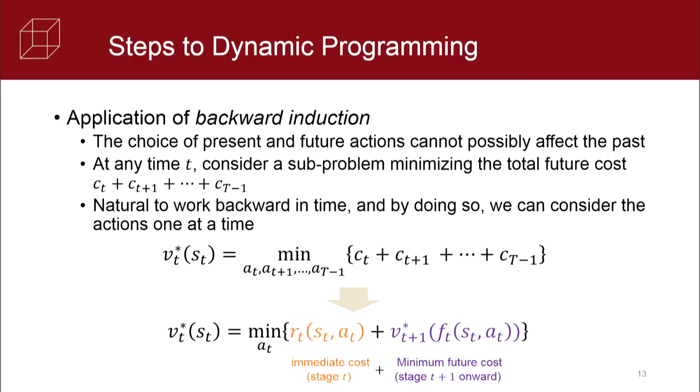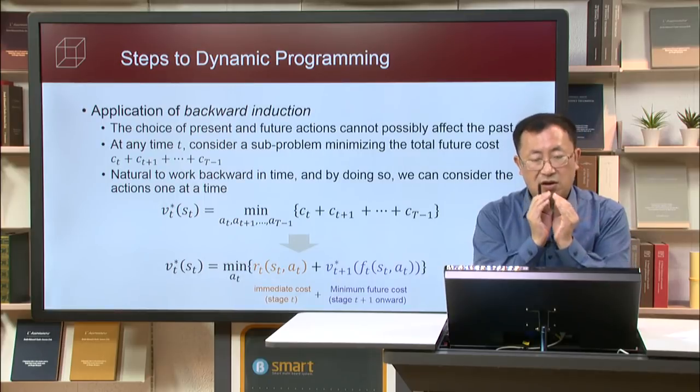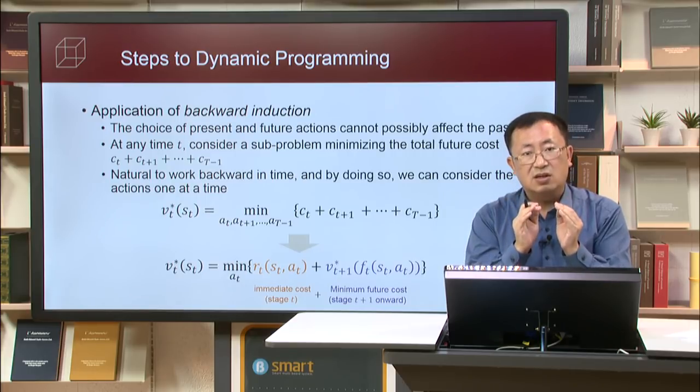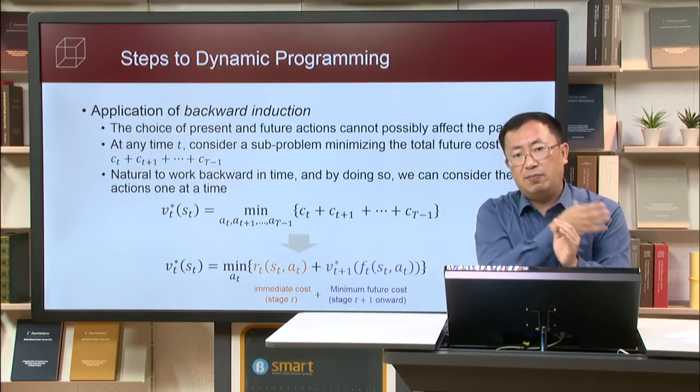And we need to think about how we're going to solve this problem. So let's think about the following idea. The choice of the present and future actions cannot possibly affect the past. That means, given the current state, when you choose the action, this decision is not affected by the past, right?